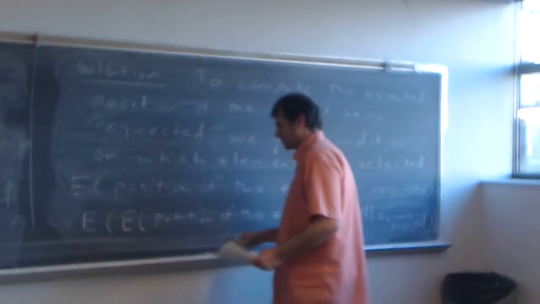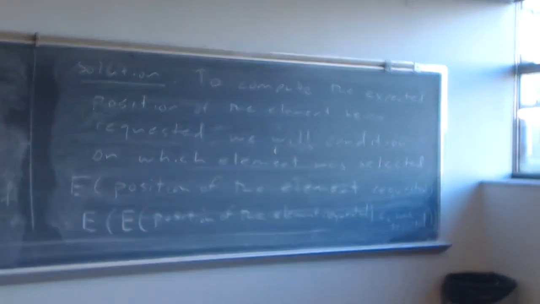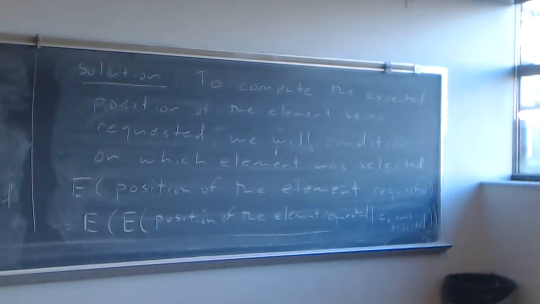Maybe we get some information by looking at it that way. I know the probability that E sub I was selected was P sub I. That's something that's related.